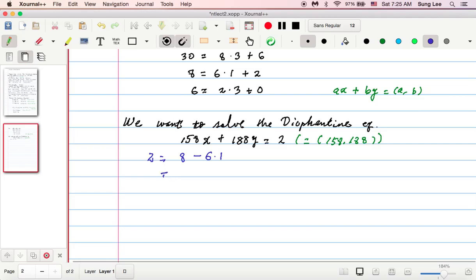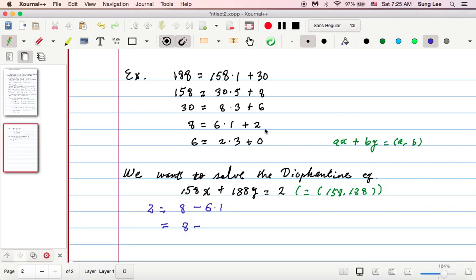So this equals 8 minus, now we are going backward again, this remainder 6 can be written as 30 minus 8 times 3.